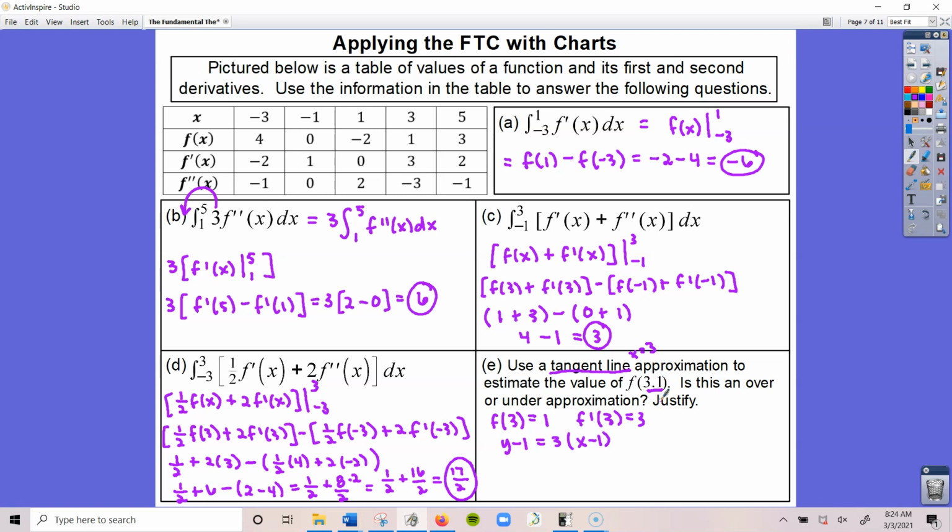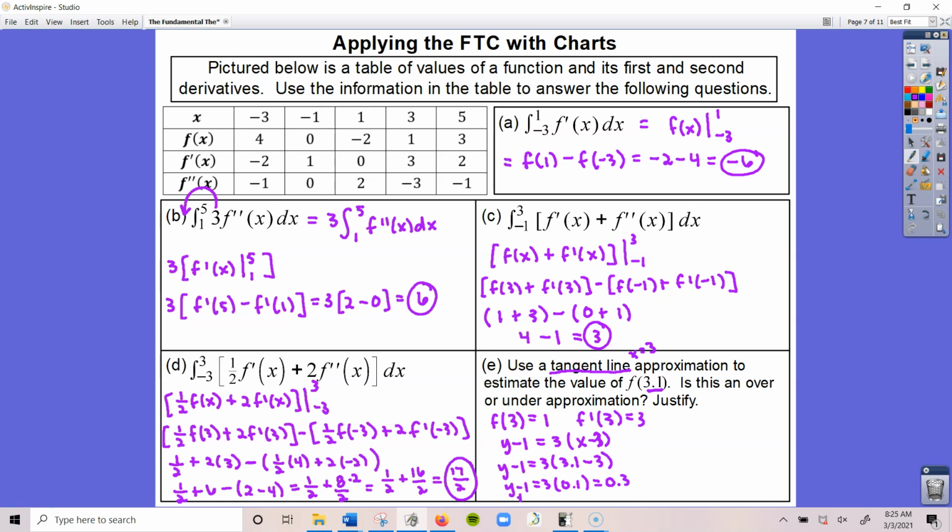Now I'm ready to approximate, so I'm going to plug in 3.1 for x. So y minus 1 is equal to 3 times... oh, sorry, this was 3, because that was the x value. 3.1 minus 3. Now what I get here is y minus 1 is equal to 3 times 3.1 minus 3, which is 0.1. 3 times 0.1 is 0.3.